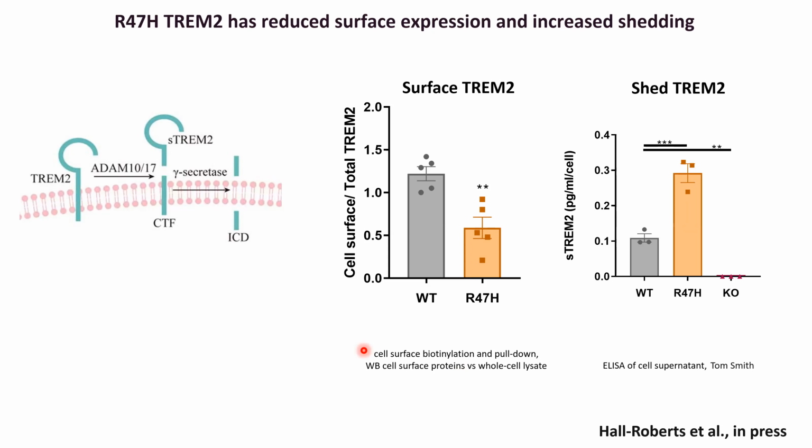Also by ELISA we found that more TREM2 was shed from the R47H cells than from wild type cells. So these two affirm each other. And it's slightly surprising because it's not been particularly reported for this mutation that there should be a difference in shedding, but this is what we have seen in our model.